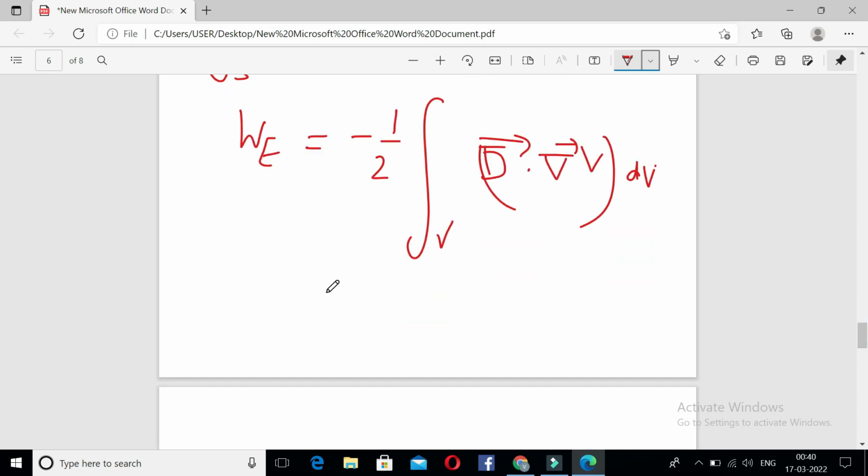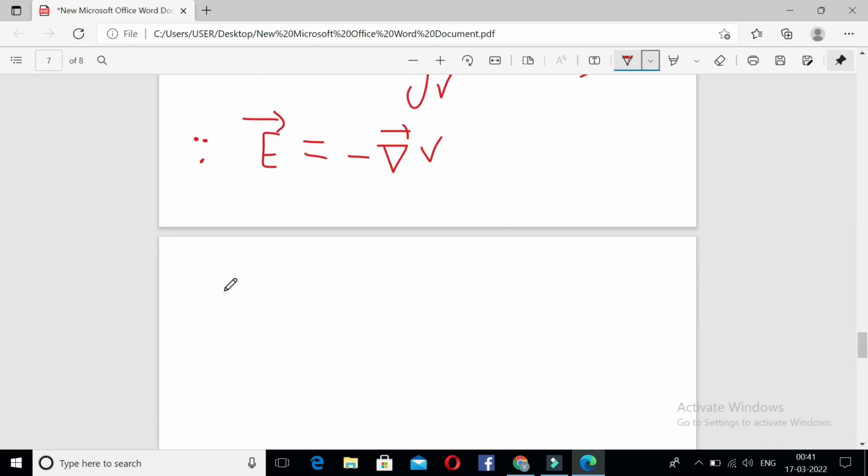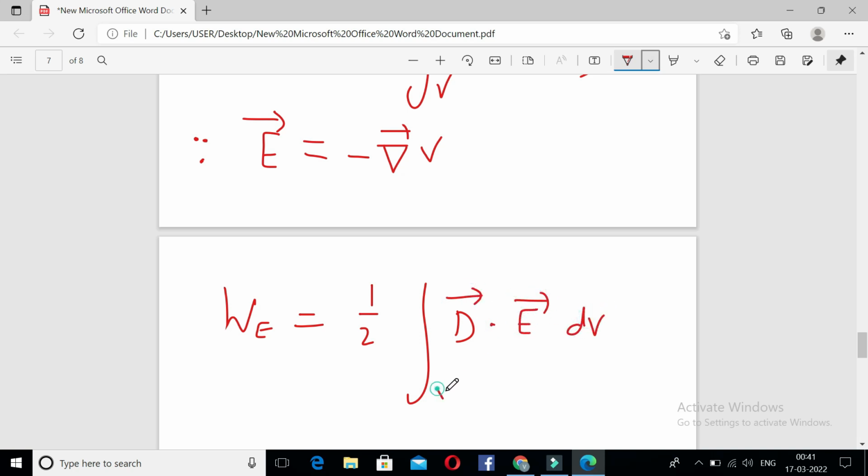Now, because we know E is equal to minus del V, it becomes W equal to 1 by 2 integral of D dot E dV.